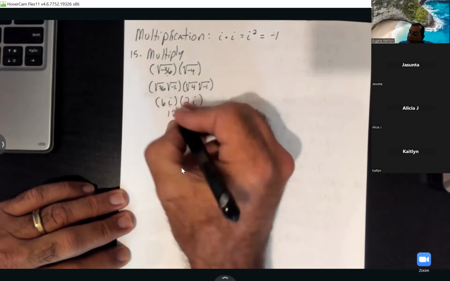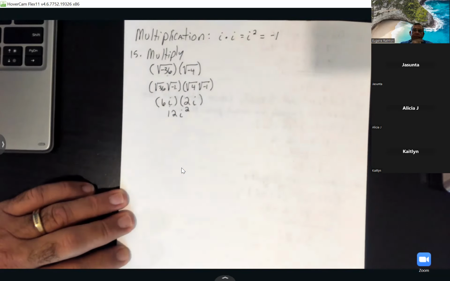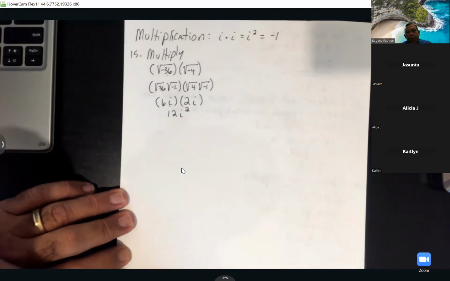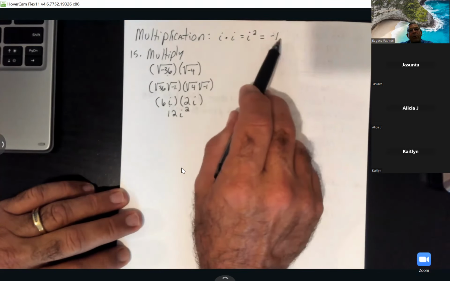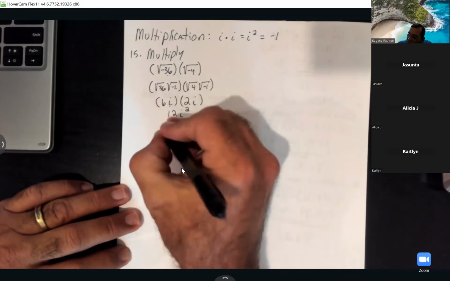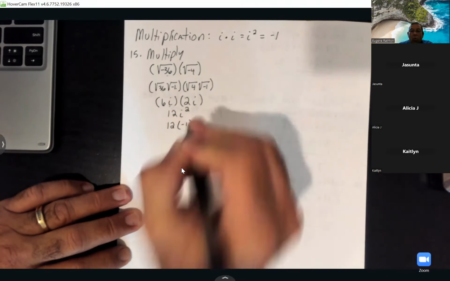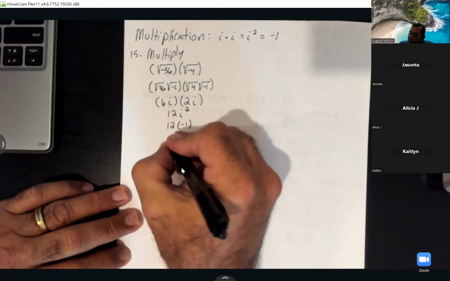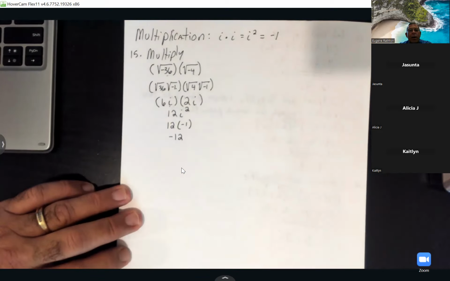I times I gives me I squared. But y'all remember, we said I squared equals -1. So this is like 12 times -1, which gives me a final answer of negative 12.